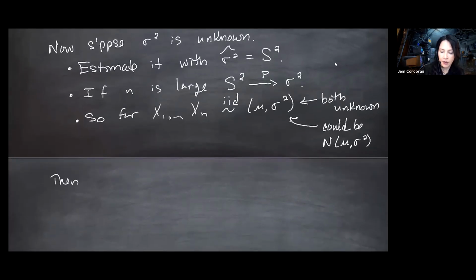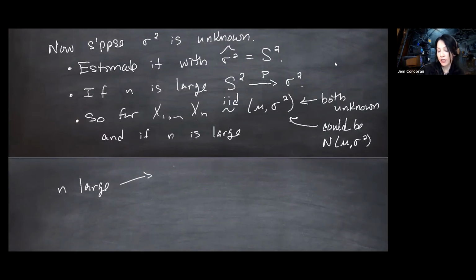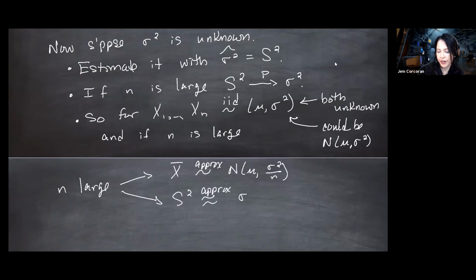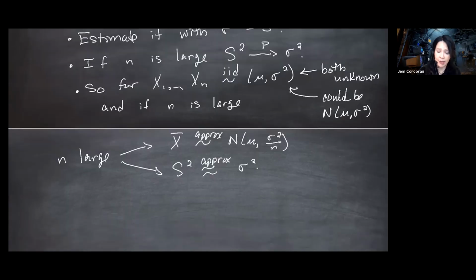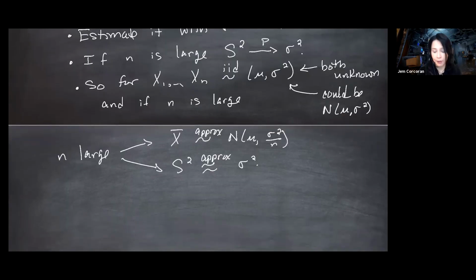Then from n being large, we would say two things. One is that x bar is approximately normal with mean mu and variance sigma squared over n. And the other part of n large would say that s squared is approximately sigma squared. And so we would do the same thing, but we'd put the s in place of the sigma.